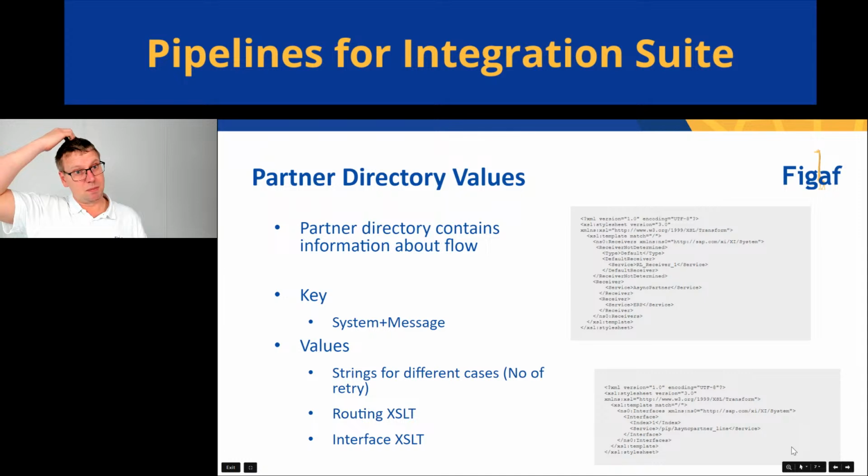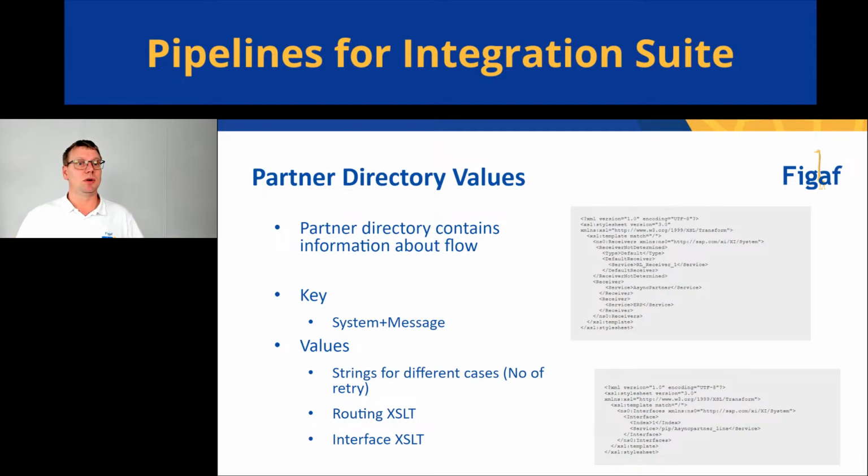So the main focus of where this is configured is the partner directory. And the partner directory has some benefits. According to SAP, if you're deploying an iFlow, it has an undeploy and deploy state, which may make the iFlow unstable in that period of time, and that may be the reason why you want to use the partner directory for it.